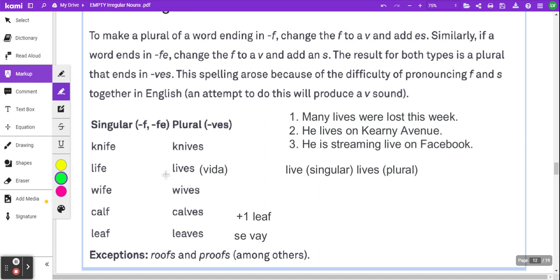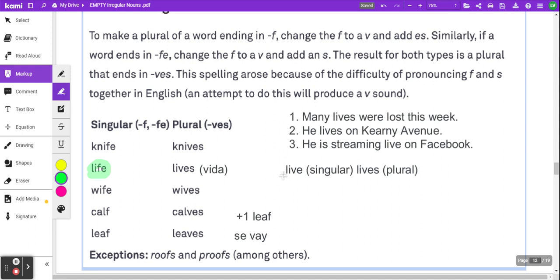So, si yo digo lives con la I, lives, estoy hablando de vidas. Si yo digo lives, so cambio la pronunciación, eso es donde vives, right? So aquí tengo life, algo que tiene vida. Aquí tiene lives, algo que tiene vidas, right?